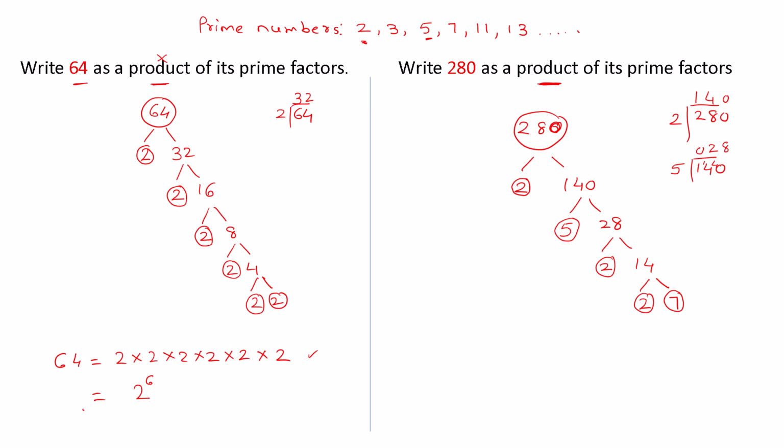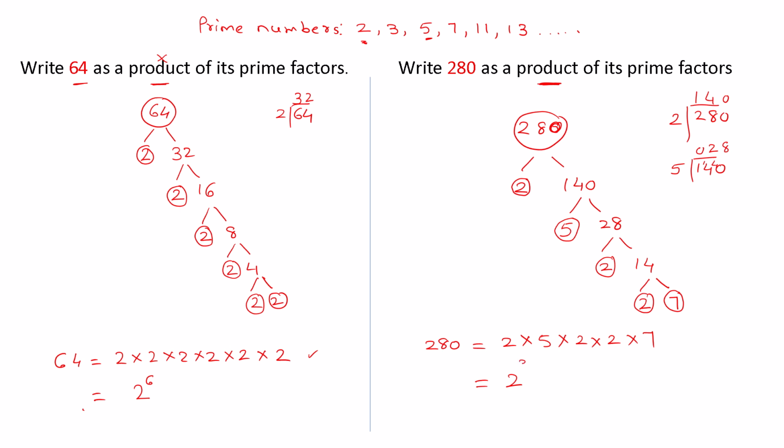Yes, all the prime numbers here. So you're going to write down here now 280 equals 2 times 5 times 2 times 2 times 7. Okay. And if they ask you to write in power, you will say how many 2s you have here? 1, 2, 3.